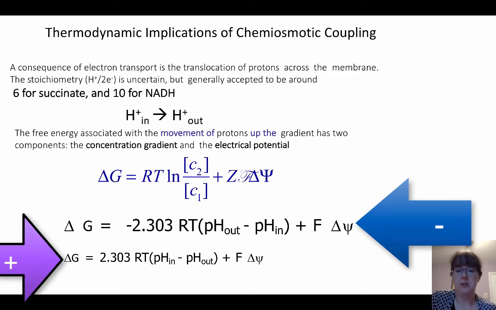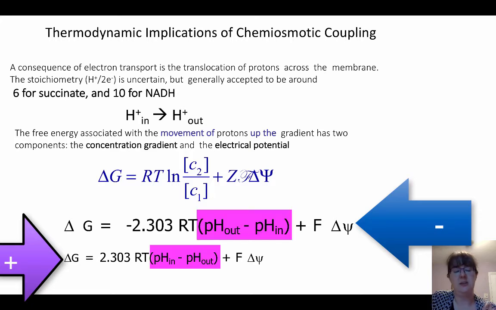The other thing I want you to notice is that not only is there that sign change, but also which of the pH in and pH out goes first is flipped. So those 2 bottom equations are actually identical. The only difference is which pH goes first. When those flip, that also flips the sign.